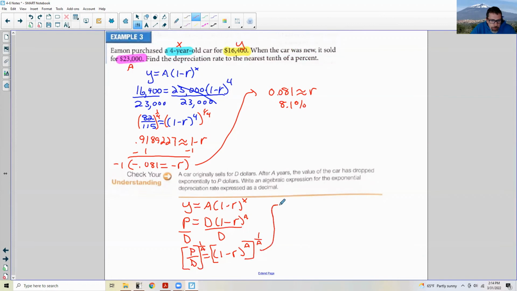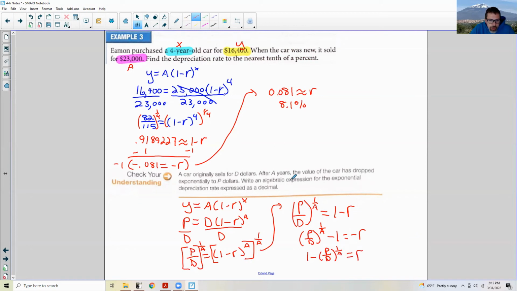So now I have P over D, let me just put it in parentheses, to the 1 over A equals 1 minus R. Okay, and we're trying to get R by itself. So I'm going to subtract 1 from both sides. So this is going to give me P over D to the 1 over A minus 1 equals negative R. Multiply everything by -1, and that's going to give me 1 minus P over D to the 1 over A equals R.